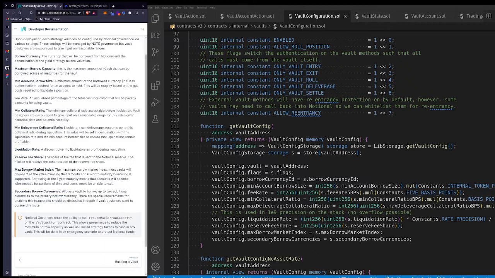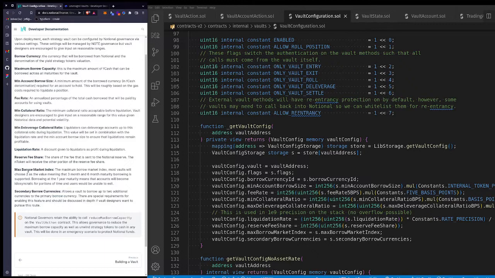Most vaults will choose 2 as a value here, meaning that 3 and 6 month borrowing is supported. At 1 year, we encounter this idiosyncratic, temporary liquidity condition for Fcash, and that's something that not all vaults can probably gracefully deal with.